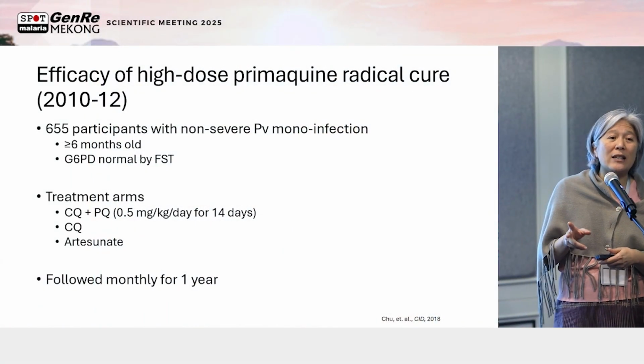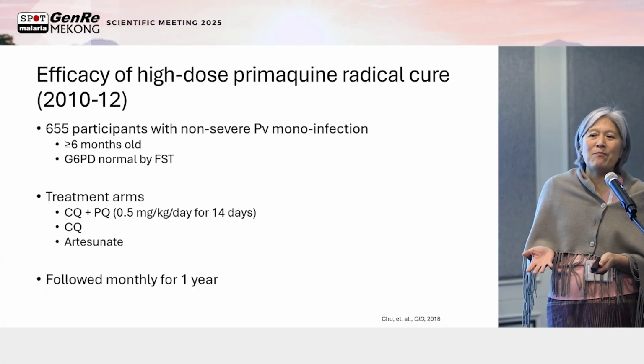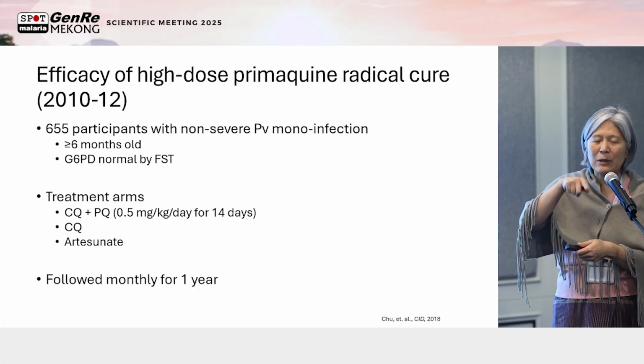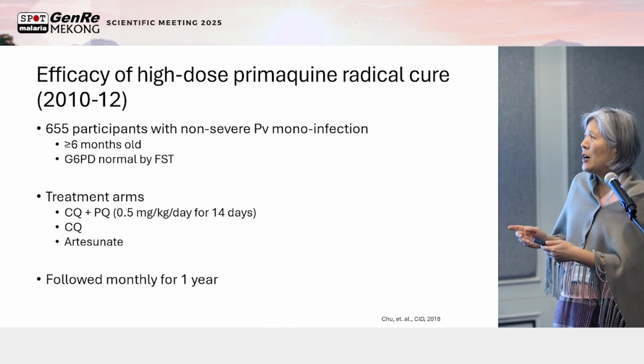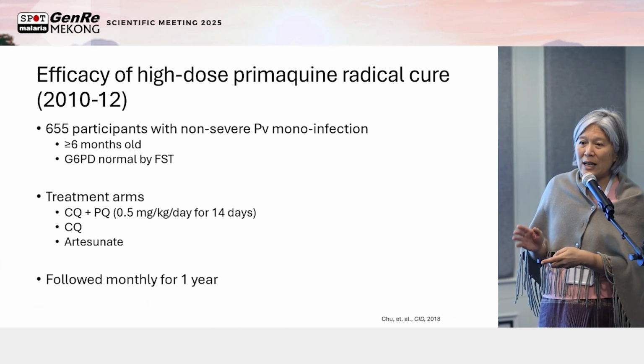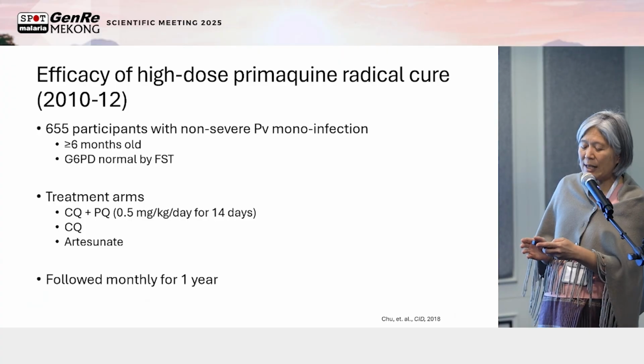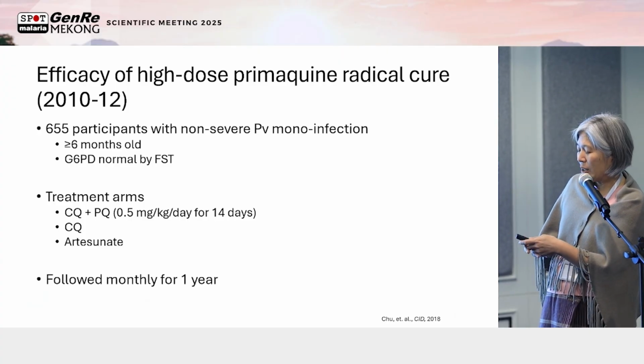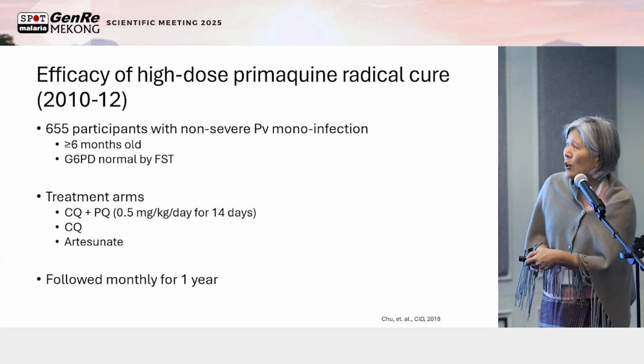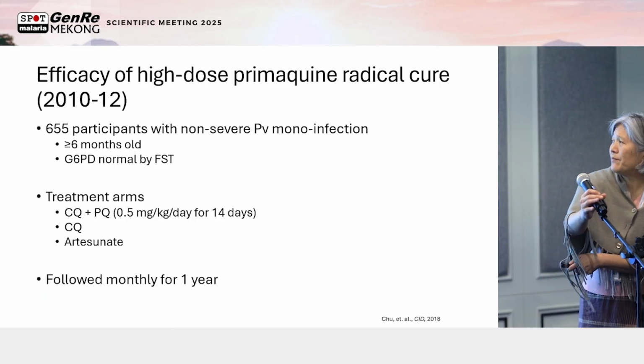I want to go back 15 years ago to 2010 along the Thailand-Myanmar border, when we did 2 studies. I actually showed the Kaplan-Meier curve earlier this morning, but just to go over again, the first study was 2010 to 2012. We took 655 cases who were at least 6 months old.